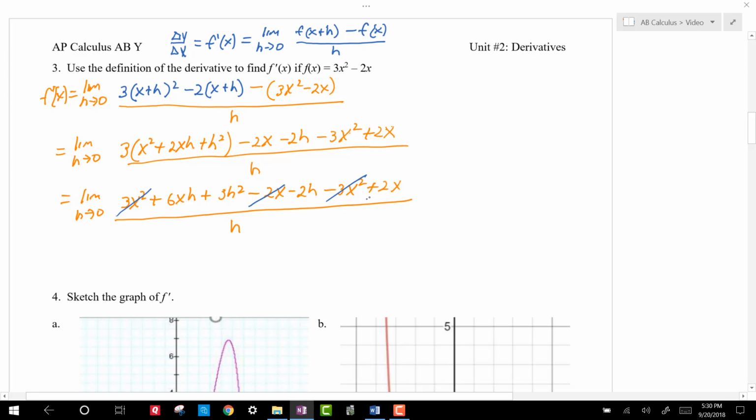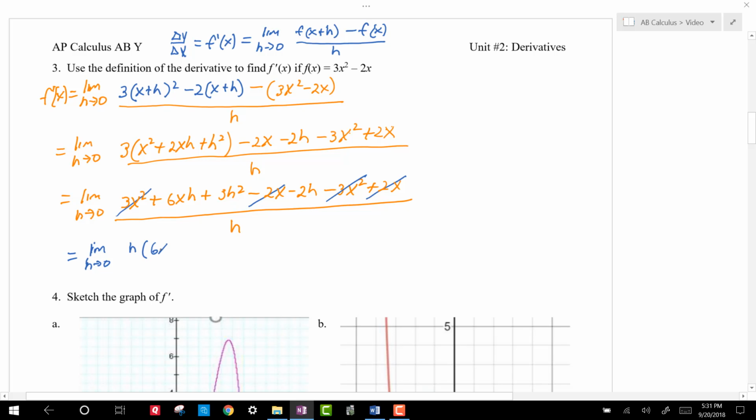Negative 2x in the middle, positive 2x in the back, which leaves me the limit as h goes to 0 of, now you can see in the numerator, all I have left is 6xh, 3h squared, and negative 2h. I can factor an h out of all of those, so I'm going to do that as I simplify here.